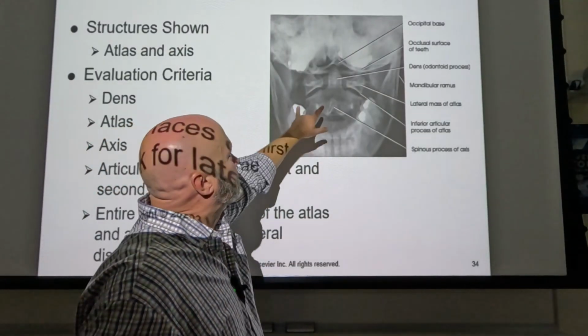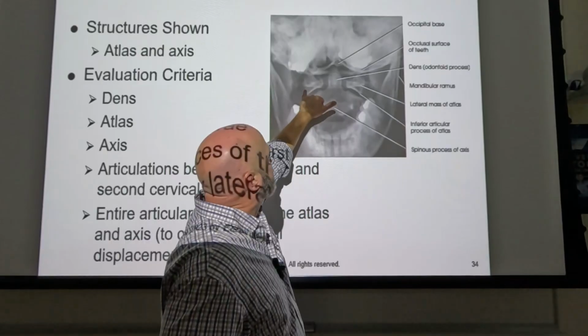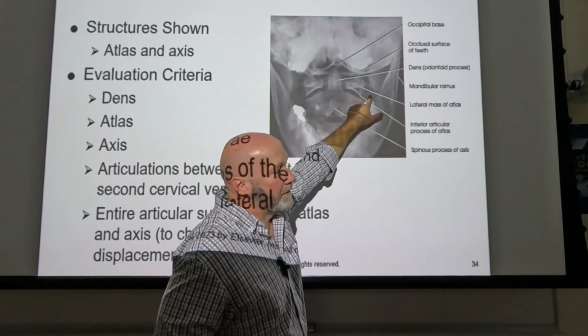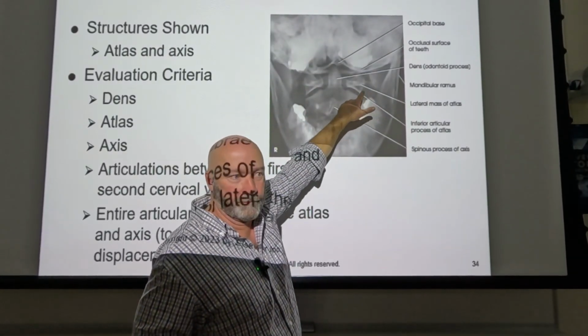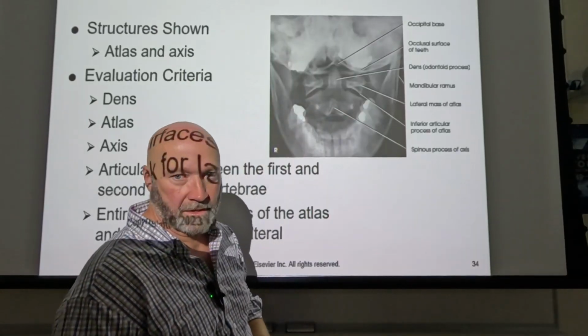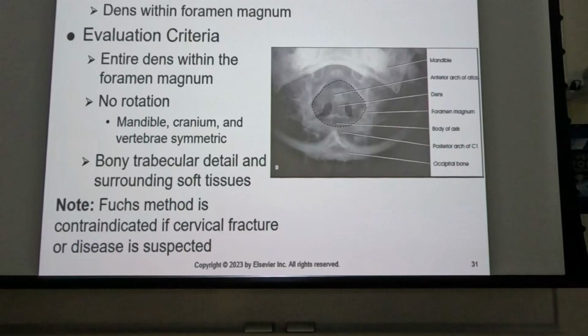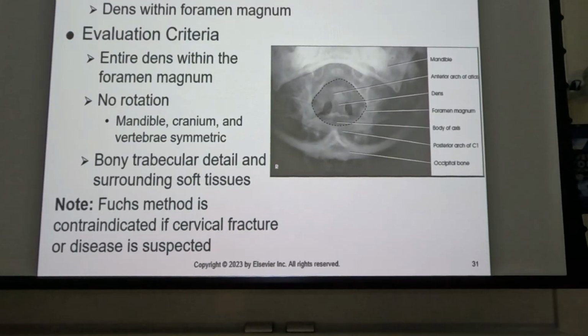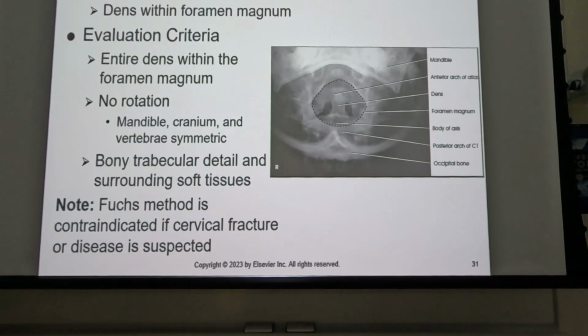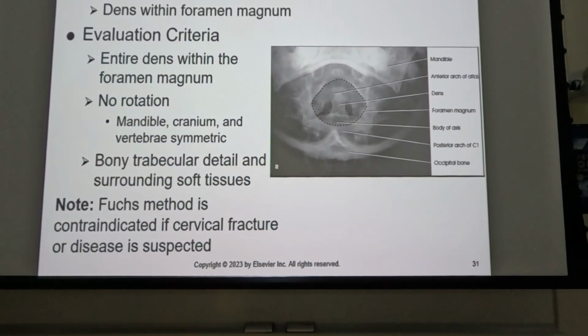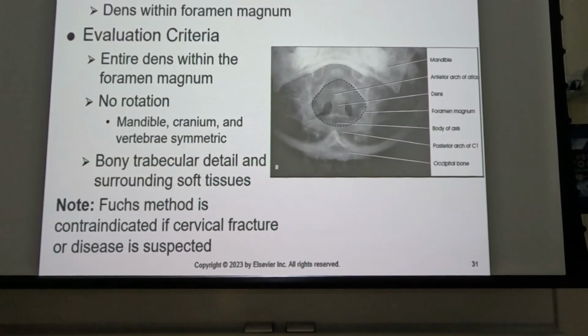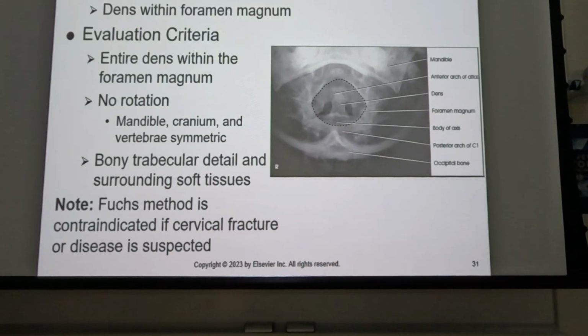So with a Jefferson fracture, the lateral masses of C1 on both sides are going to be projected outward from C2. Okay? Now, going back up to the Fuchs, and I'm doing this for a reason. Going back to the Fuchs, where do you see the lateral masses of C1 and C2? You don't, right?